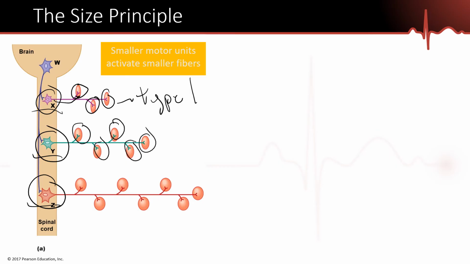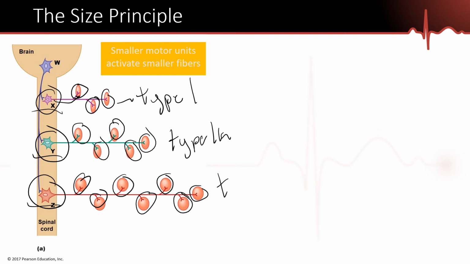It synapses with more muscle fibers. And these tend to be faster twitch fibers, like type 2A, as they're called. They're not the fastest twitch fibers, but they're faster than type 1. And then we get to alpha motor neuron Z. Alpha motor neuron Z travels out to the biceps muscle and synapses with the most and largest muscle fibers. And these tend to be very fast twitch fibers.